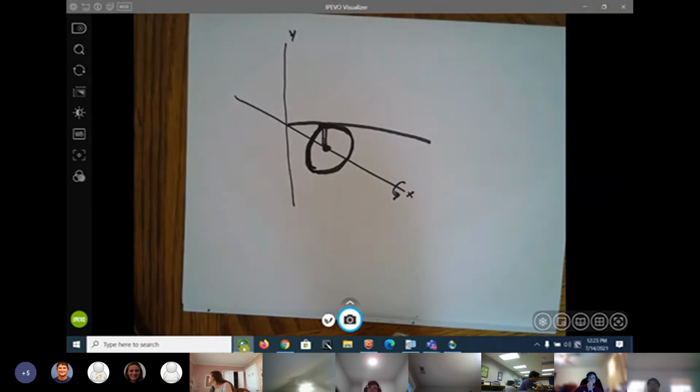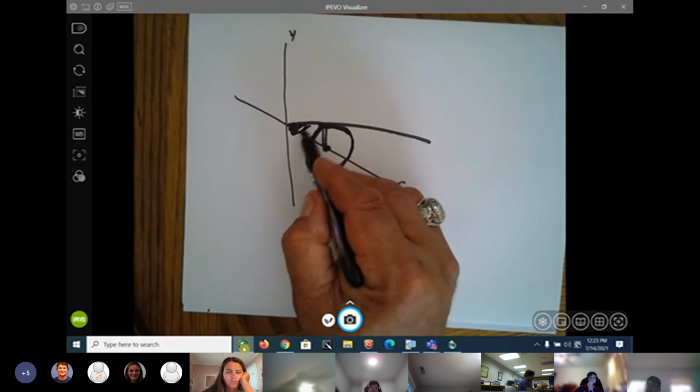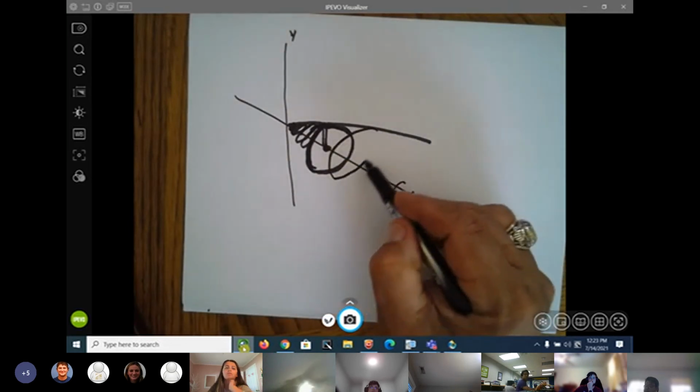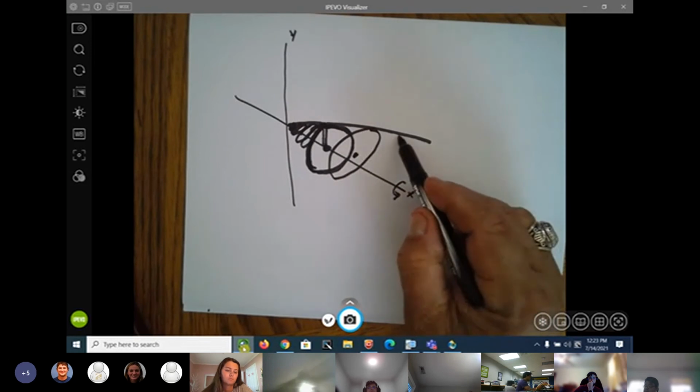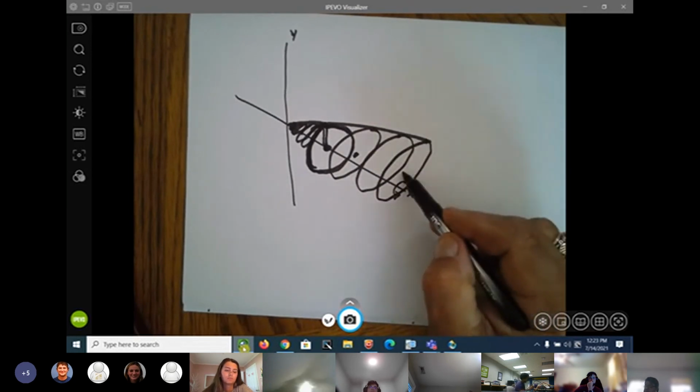That's what it's going to look like. The width of the hair is going to be like this. And it's going to get bigger and bigger and bigger, depending on the function.